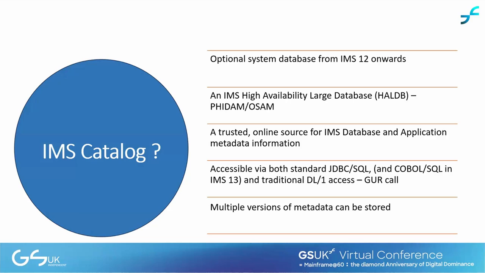Another reason is FastPath does not support DL/I batch. It's an online only database, right? But HALDB or full function supports DL/I batch, so you can take your IMS offline and still do some maintenance activity or some kind of update activity on your catalog database. That's one of the primary reasons.